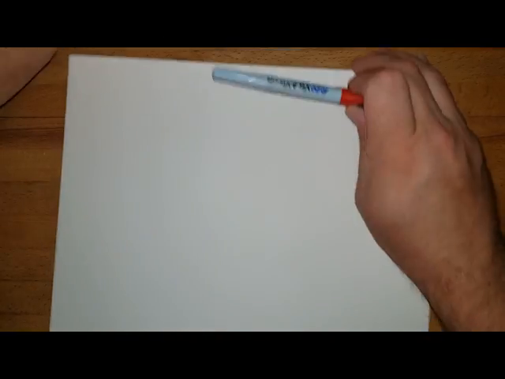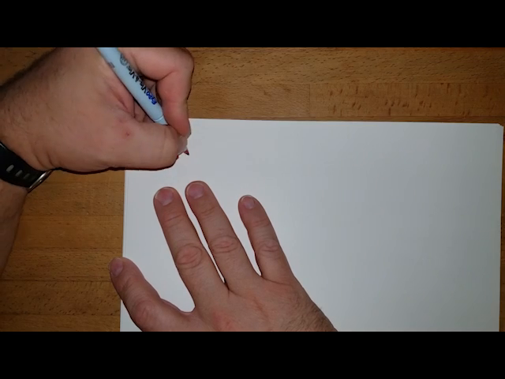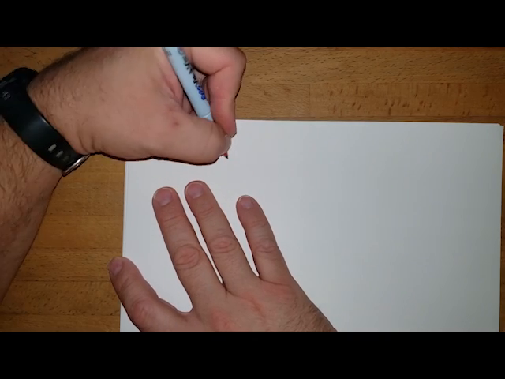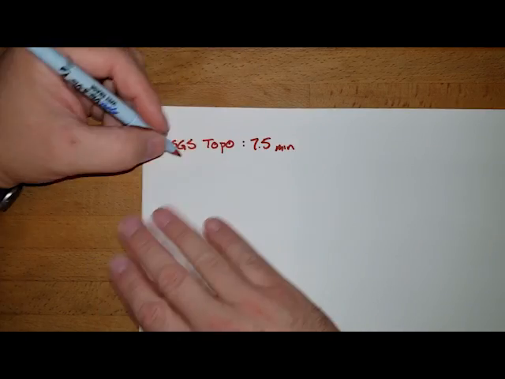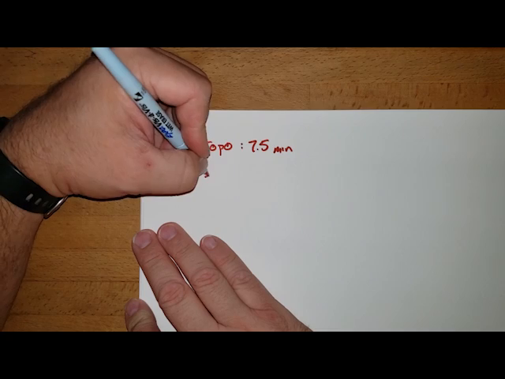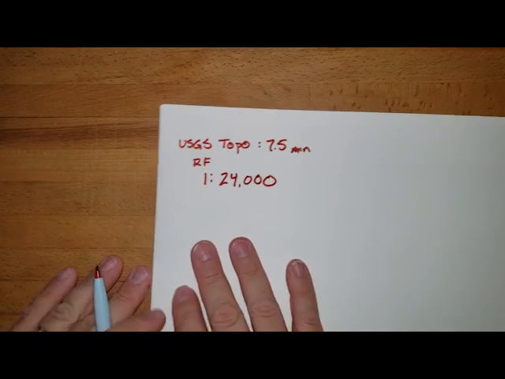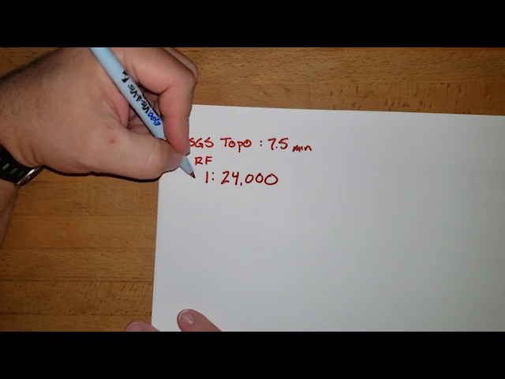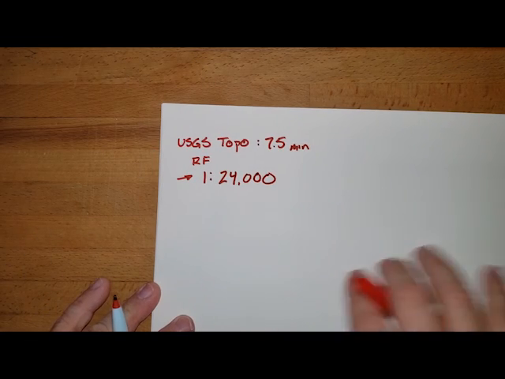Okay? So let's say that we are looking at our map. We're using a USGS topo map, and we are using one of the 7.5 minute series. It has an RF scale of 1 to 24,000. Okay? That's going to be the map that we have. Each map is going to be a little bit different, but that's going to be the one that we have for our particular instance.